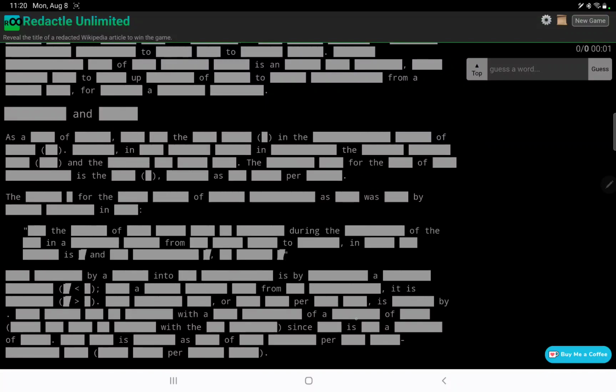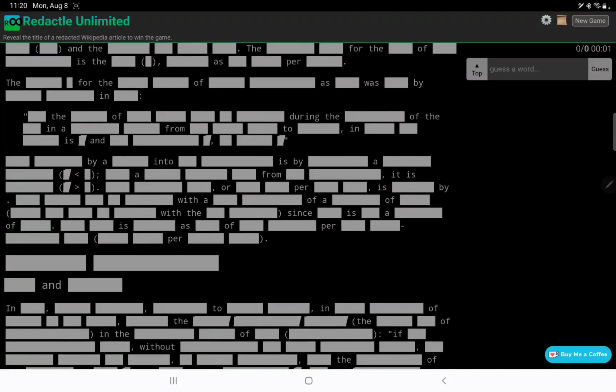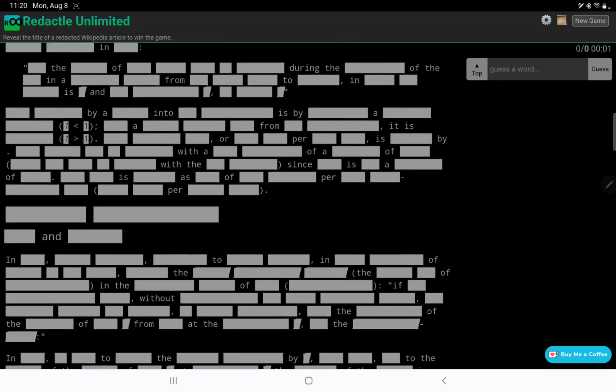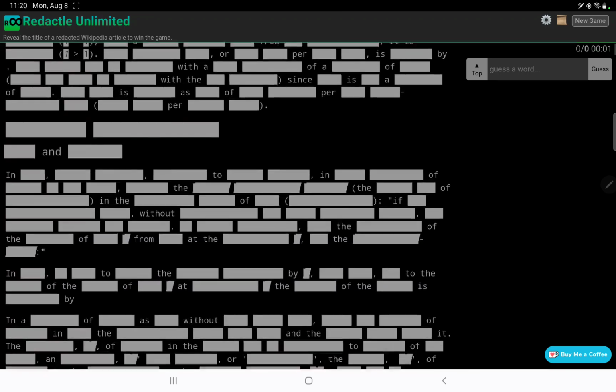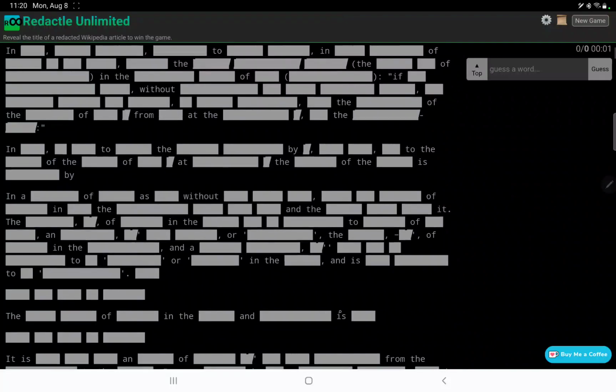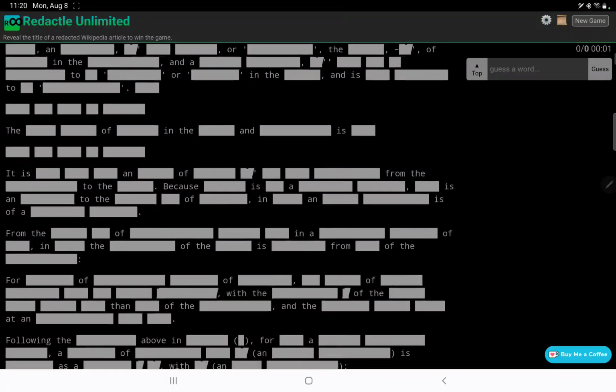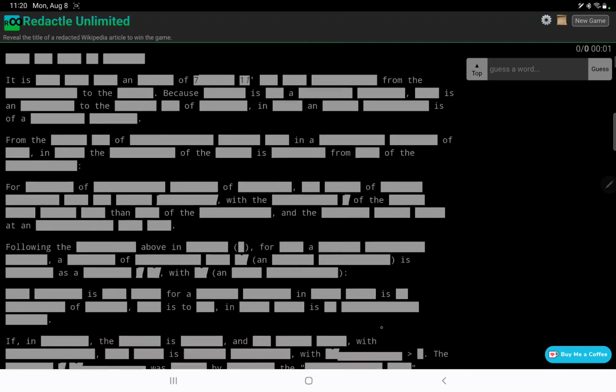Just scanning quickly to see the lay of the land. Yeah, we have something less than or greater than, per, more italics. That's interesting. There again, we have a single character not in italics followed by one in italics.